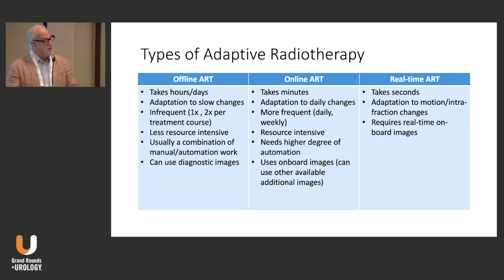We then go back and manually contour the area of interest. We have different names for it. We can call the GTV, the gross tumor volume, the actual tumor, the target we're interested in. We have the CTV, the clinical tumor volume, which could be an organ that the tumor is in that we want to treat.